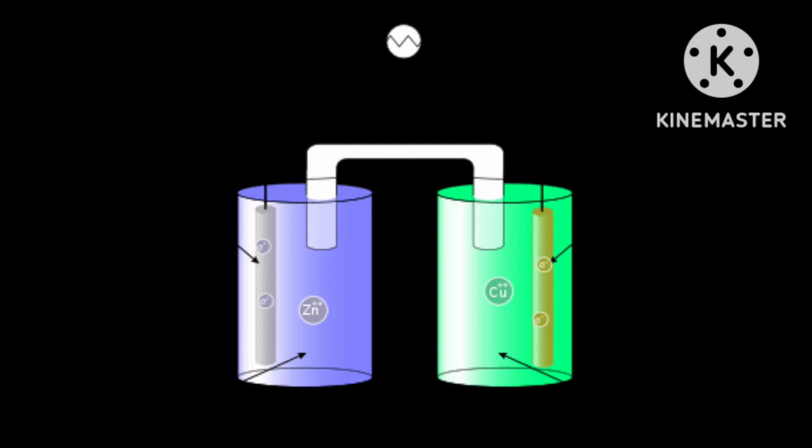It will lose the electron. Loss of electron is called oxidation, meaning oxidation will take place here. And this is one type of electrode.